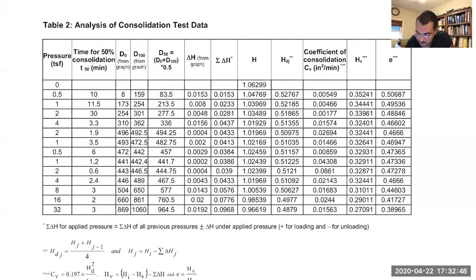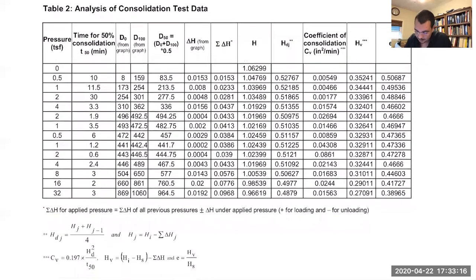And then we have this delta H. We can calculate the change in height or the total cumulative change in height. So basically this line plus this is this number. And then same for each load sequence. And this is the total, the cumulative sum.